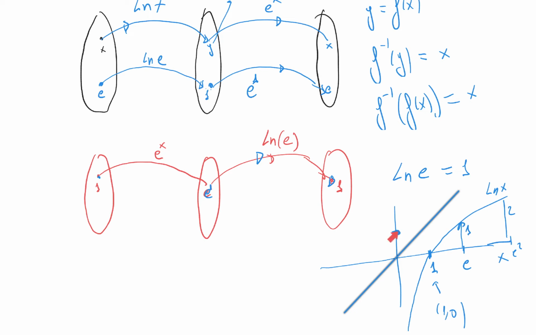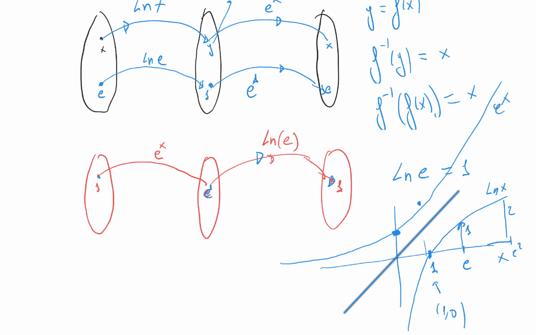And the point (1, e) will appear in the inverse function as the point (e, 1), around 2.7. So the graph of e to the x is something like this. You need to know by memory this graph, e to the x and log of x.